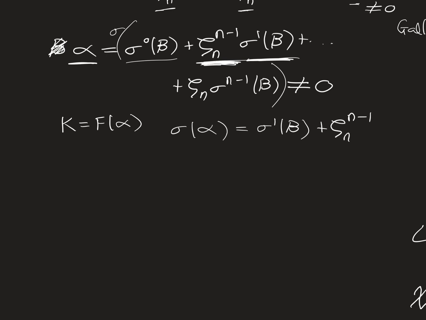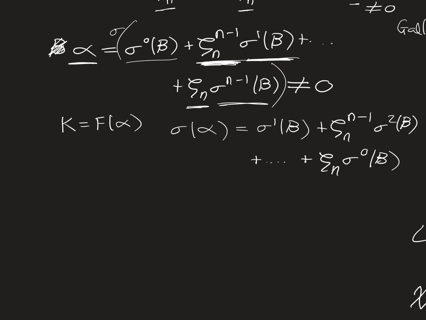So it remains as zeta n to the power of n minus 1. And then sigma of sigma 1 of beta goes to sigma 2 of beta. And then carry on all the way up to the final one. Again, zeta n remains fixed, so it just becomes zeta n. And then sigma of sigma to the power of n minus 1 of beta is going to become sigma to the power of n of beta, but sigma to the power of n is then the identity, so that's just going to become sigma 0 of beta.